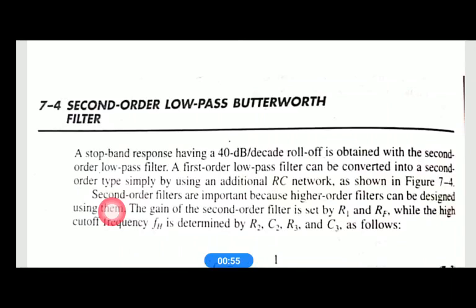The first order low pass filter which we discussed in the previous session has 20 dB per decade decrease in the stop band, that is, after the cutoff frequency.